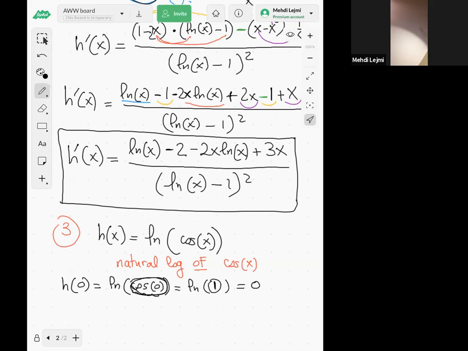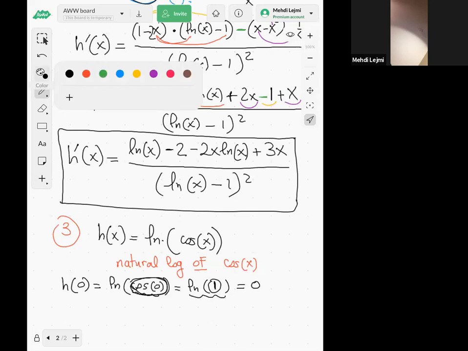So I'm just trying to explain that it's not natural log times cosine, it's natural log of cosine. Here, I'm saying natural log of 1, not natural log times 1. And when you see the word of, it means composition.